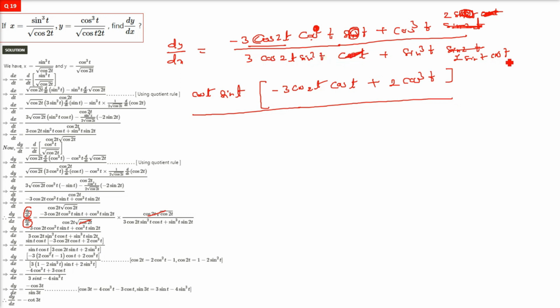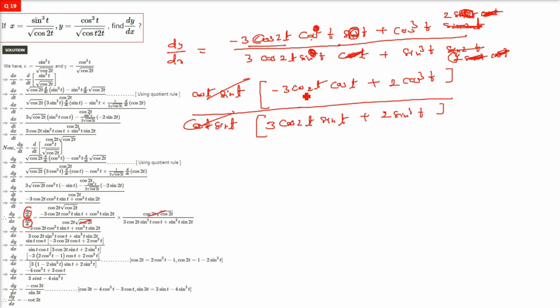So I'm just cancelling these from here. So sin t cos t I am taking from here, cos t sin t. What all will remain inside? The first term will be 3 cos 2t sin t, and the second term, by analogy with the numerator, will be 2 sin cube t. Cancel these two out.